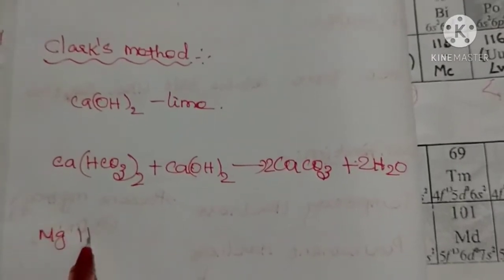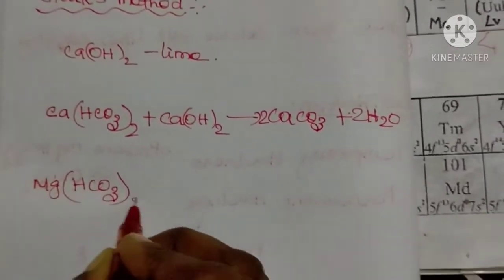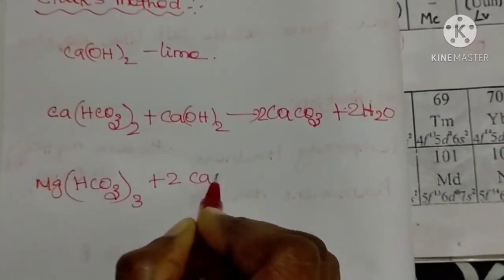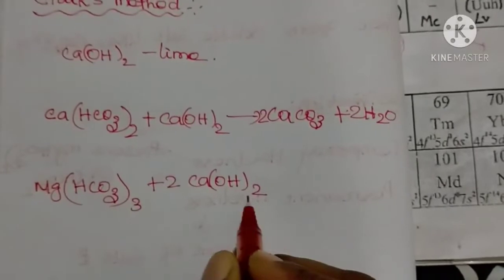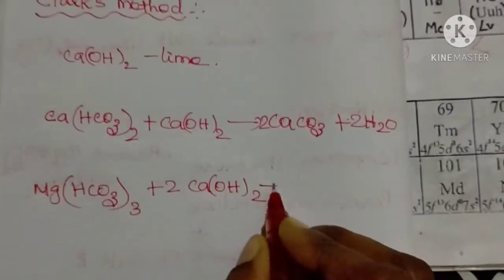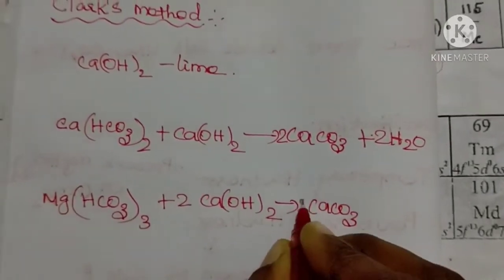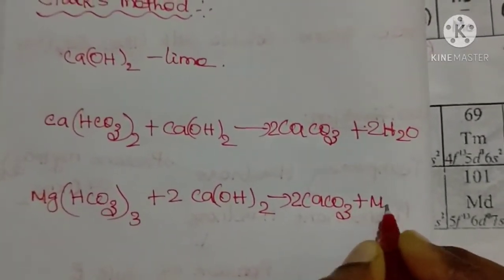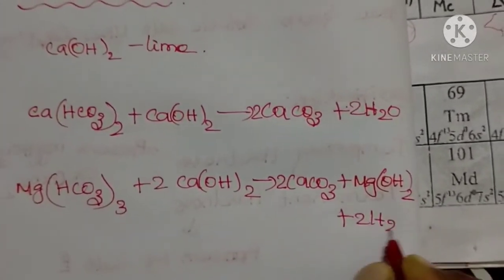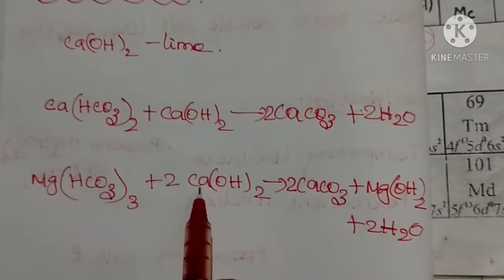Like calcium bicarbonate, magnesium bicarbonate also undergoes removal of hardness by Clark's method by treating this magnesium bicarbonate with lime, calcium hydroxide, 2 molecules. Treating these both, it forms calcium carbonate 2 molecules, magnesium hydroxide and 2 molecules of water.